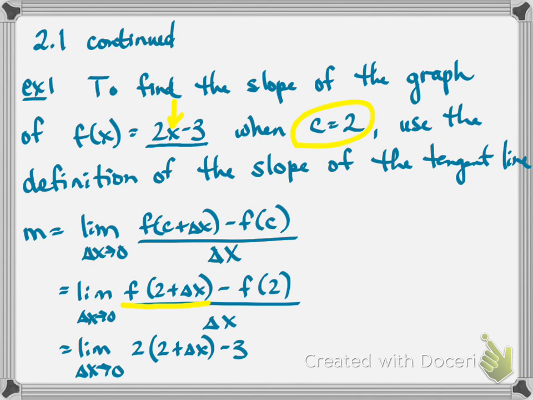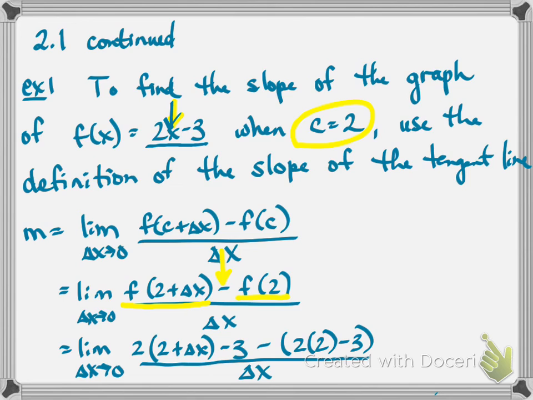Now we're ready for the minus sign. And since f of 2 is going to be a quantity, I'm going to use parentheses. And now we're ready to figure out what f of 2 is. So we go back to the f function, and we put that right there for x. So it's 2 times 2 minus 3, all divided by delta x.